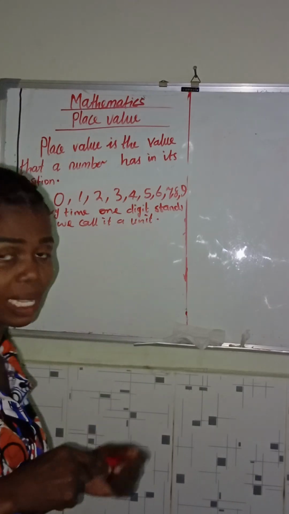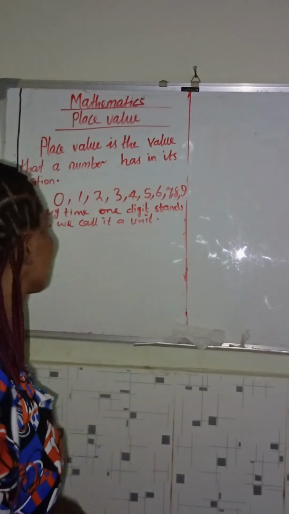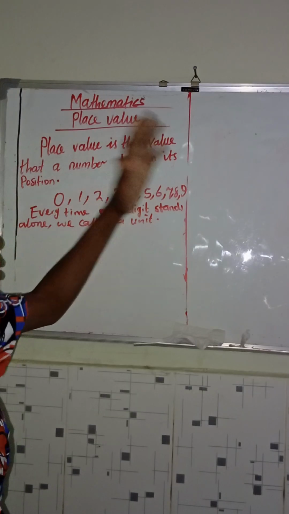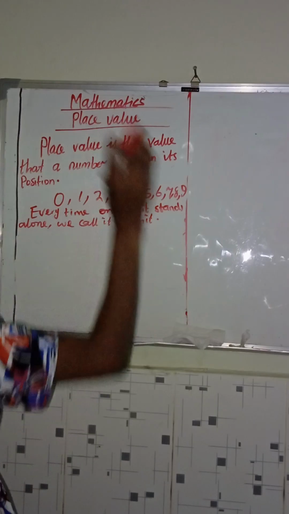Every time one digit stands alone, we call it a unit. This is a unit. I am a unit, right? So 0 unit, 1 unit, 2 unit, 3 units, 9 units, and the rest of it like that.